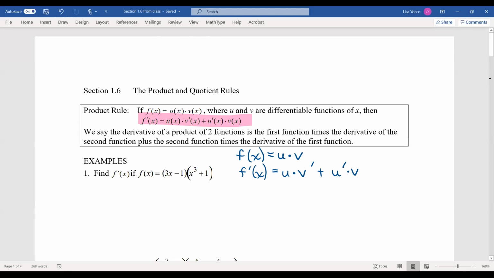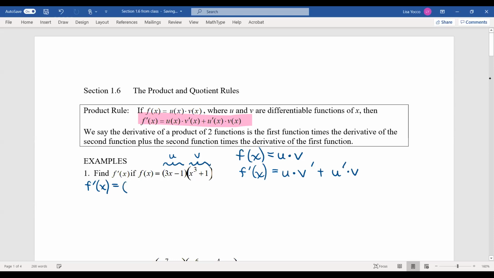So first example, we've got two functions. So 3x minus 1, that'll be our u, and x cubed plus 1 will be the v. So here we go.